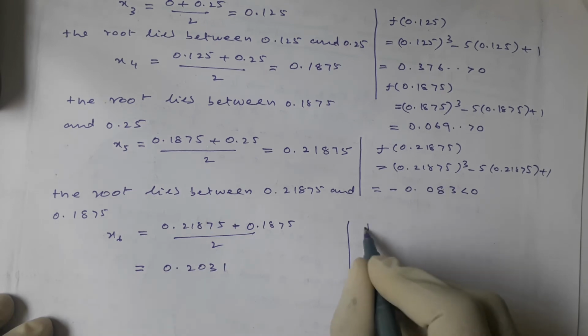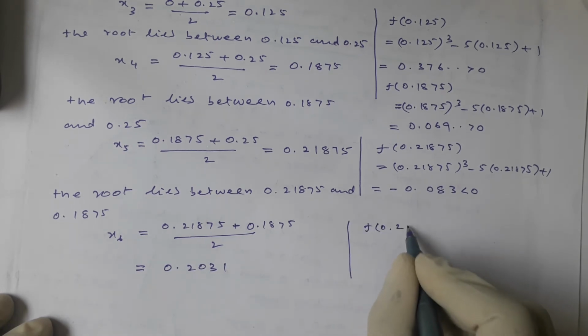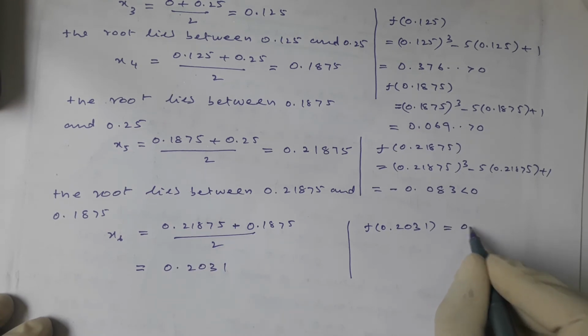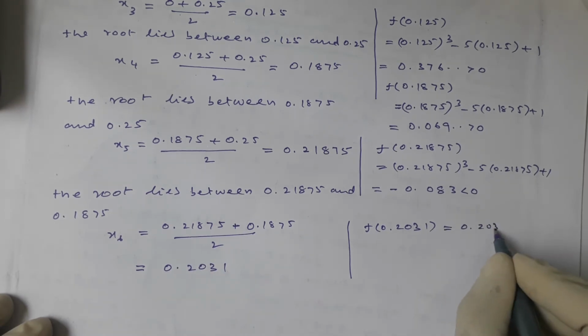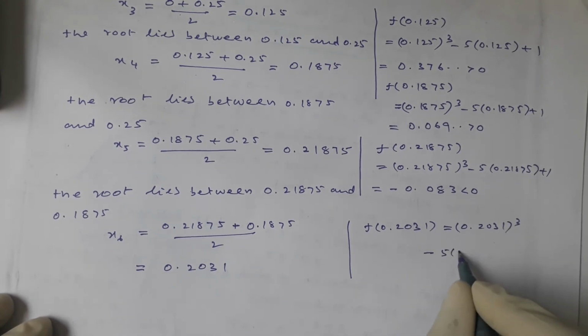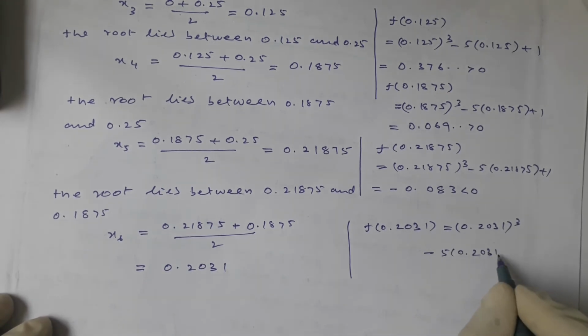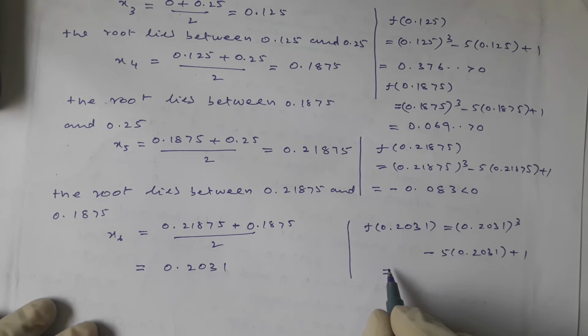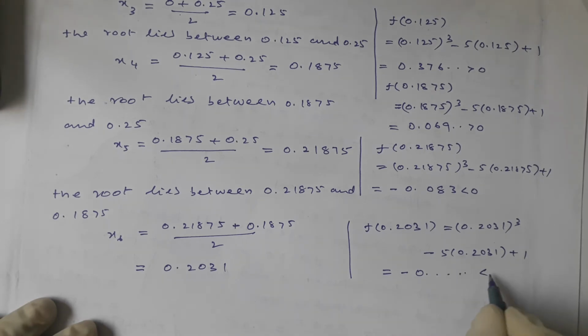So f of 0.2031 is equal to 0.2031 whole cube minus 5 into 0.2031 plus 1, which is a negative value, minus 0 point something, so it must be less than 0.